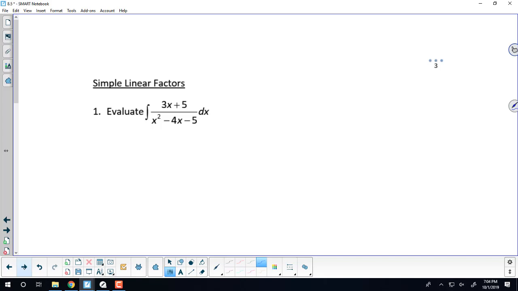So evaluate 3x plus 5 over x squared minus 4x minus 5. The first thing you should attempt to do is to factor the denominator. So we're going to rewrite this as the integral of 3x plus 5 over, we have factors of 5 that add to get negative 4.